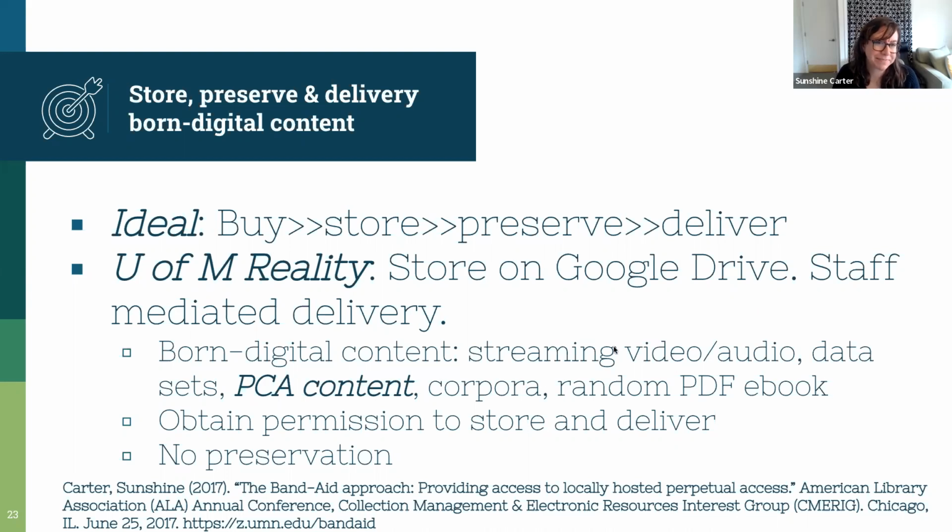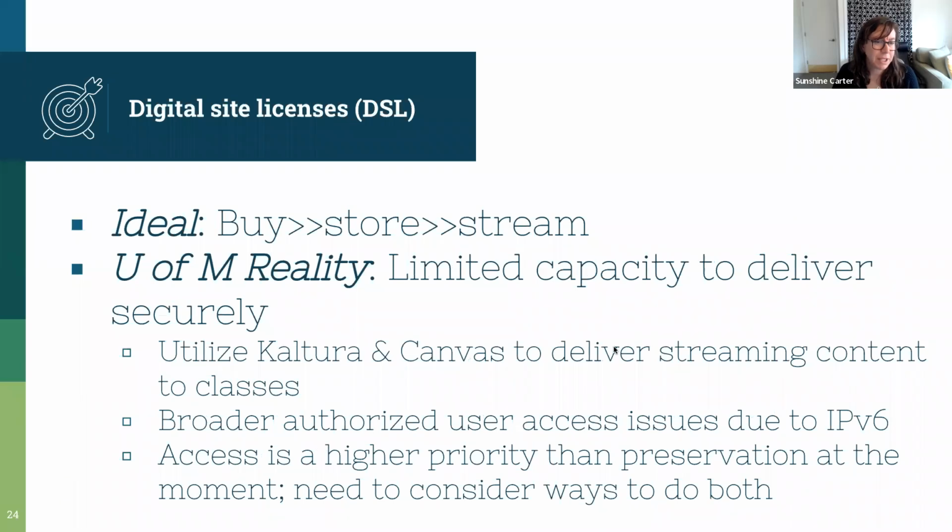Next slide, please. We have also been experimenting with digital site licenses, which allows us to buy the rights to host and stream multimedia, typically streaming video, on our own servers. We really have limited capacity to deliver this content securely.